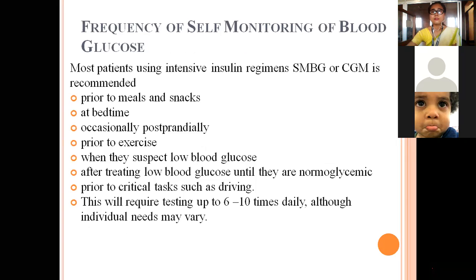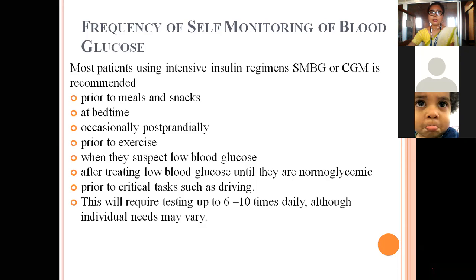And the frequency of self-monitoring of blood glucose: prior to meals and snacks, in the Indian scenario mostly before breakfast, and then at bedtime, occasionally postprandially, means after lunch or dinner, and prior to exercise, and when they suspect low blood glucose.